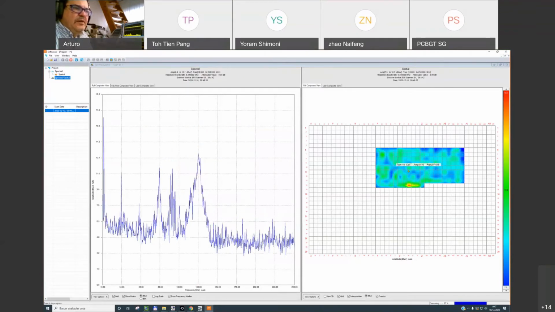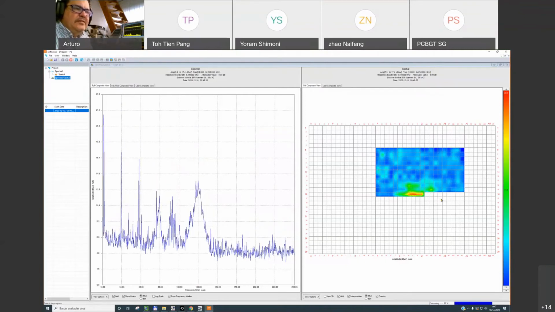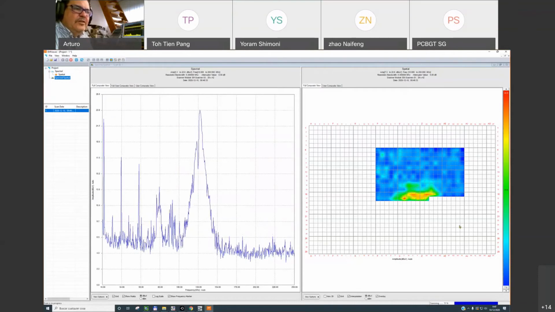Okay, you can see that now the green color starts to go to blue color because the amplitude that we have detected here is bigger. You can identify that as we go close to the slots, more activity is detected in this area. Now here it is completely blue because the dominant energy is in the area of the enclosure leakage.